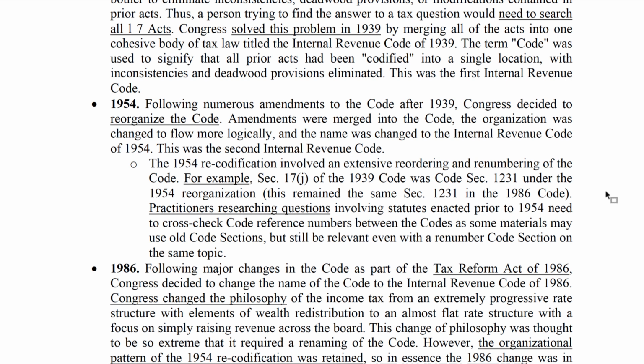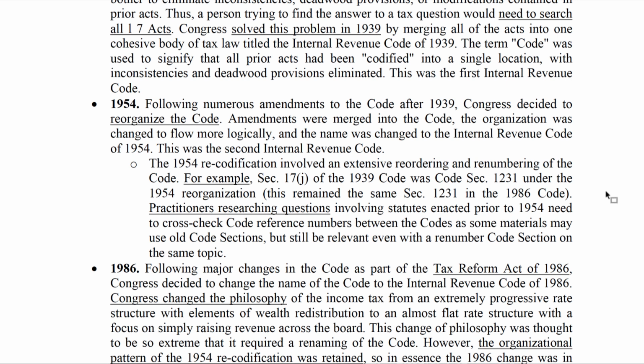And then the issue becomes when practitioners are doing research and they find a case or some type of authority prior to 1954, you're going to see that it's referenced under section 17J. Well, the point is that when you're doing research, you can still rely on that. Just because the number changed doesn't mean the law has necessarily changed.